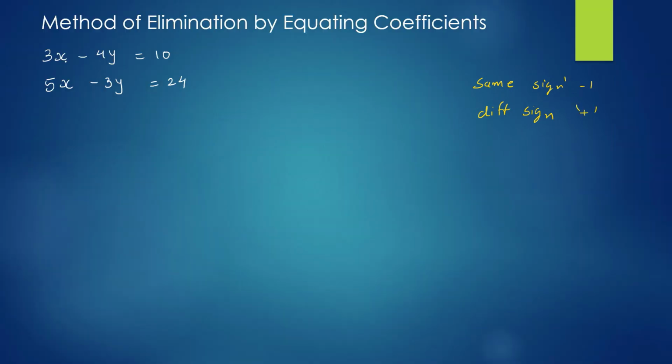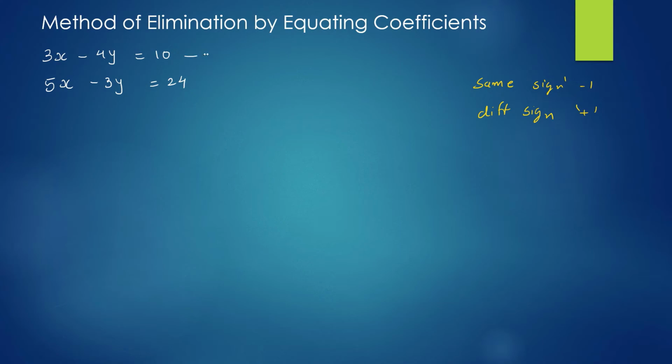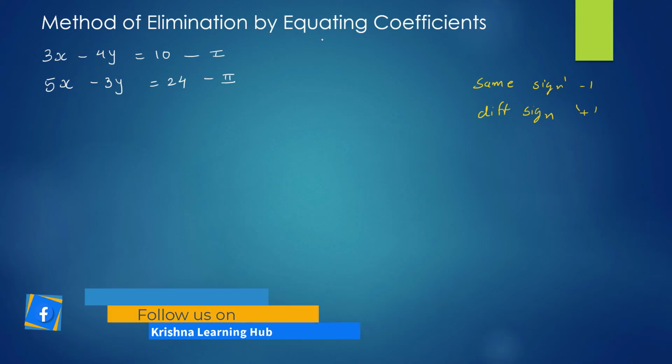If you closely observe, variable x has two different coefficients, 3 and 5, and variable y has two different coefficients, minus 4 and minus 3. So in this sum, all the variables have different coefficients. So we have to multiply both equations by different numbers for equating the coefficients.